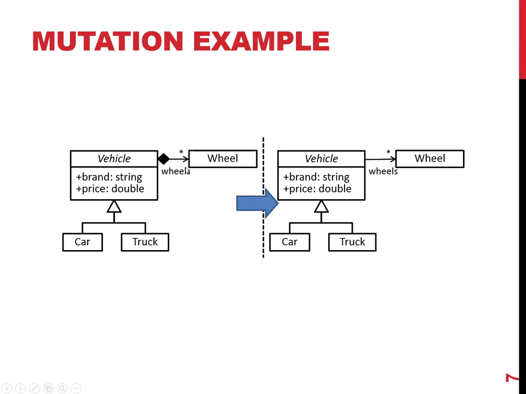Also, a vehicle can contain a set of wheels. When we apply this mutation operator that replaces the relation type by a different one, we can see in the generated mutant that the wheels composition relation has been replaced by an association relation with the same name.